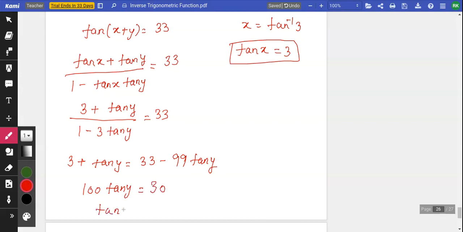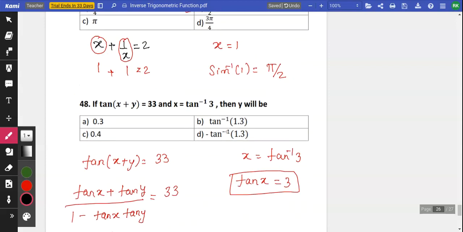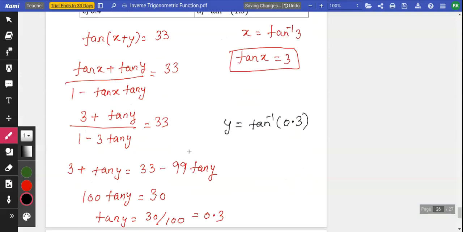So the value of tan y is 30 upon 100, which is 0.3. Taking tan to the RHS, y is equal to tan inverse 0.3. So in this question, there is some mistake in the options. Please correct this. The correct answer is option B.